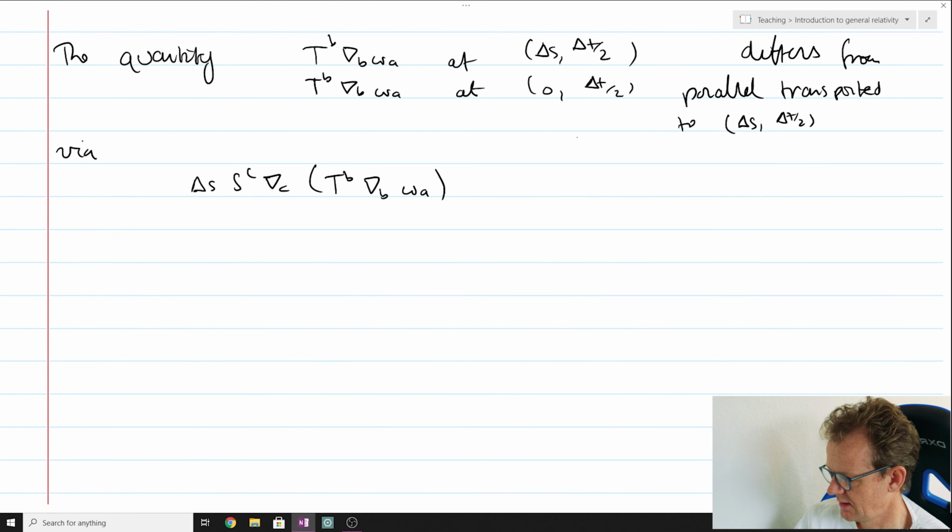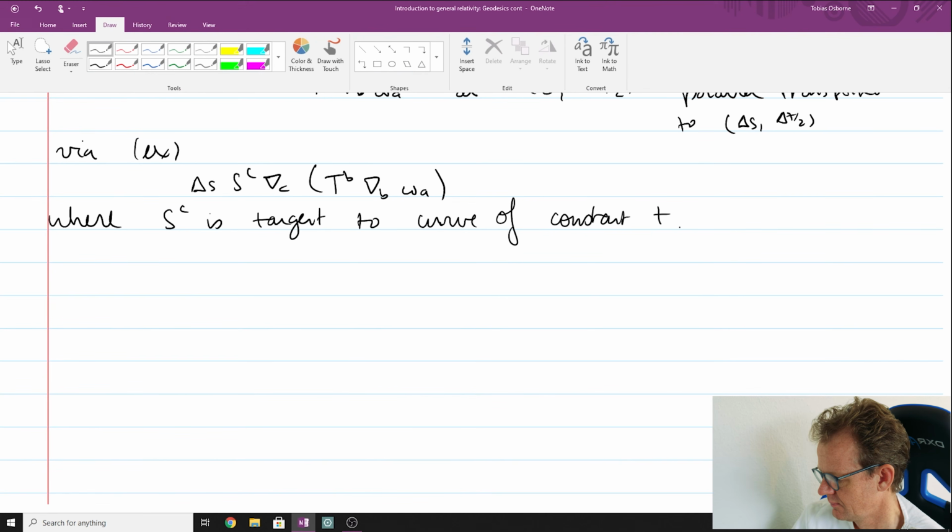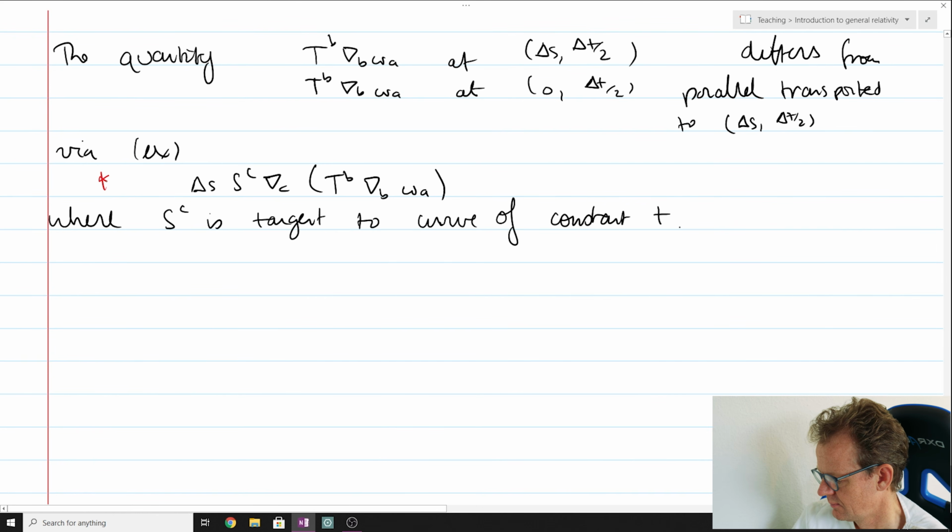You can do it to first order, so I'll just leave that as an exercise. And we're now parallel transporting along the constant t coordinate, sorry. Call this star star.